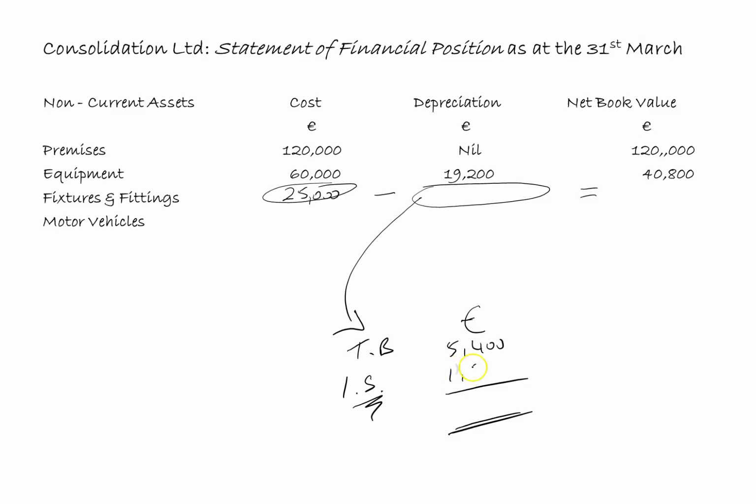So that's 50, 4 and 2 is 6, so that's 6,650. So I'll put that in here, 6,650, which means the net book value at the end of the year for the fixtures and fittings would be 18,350.